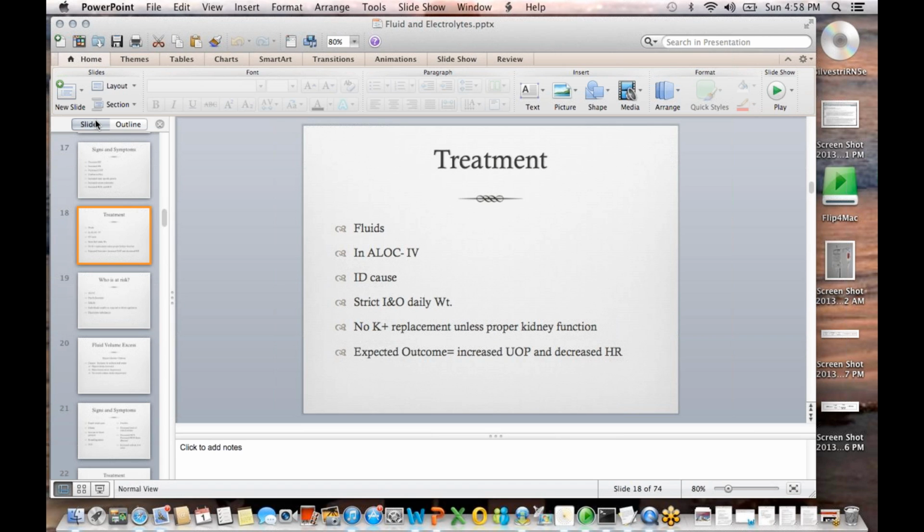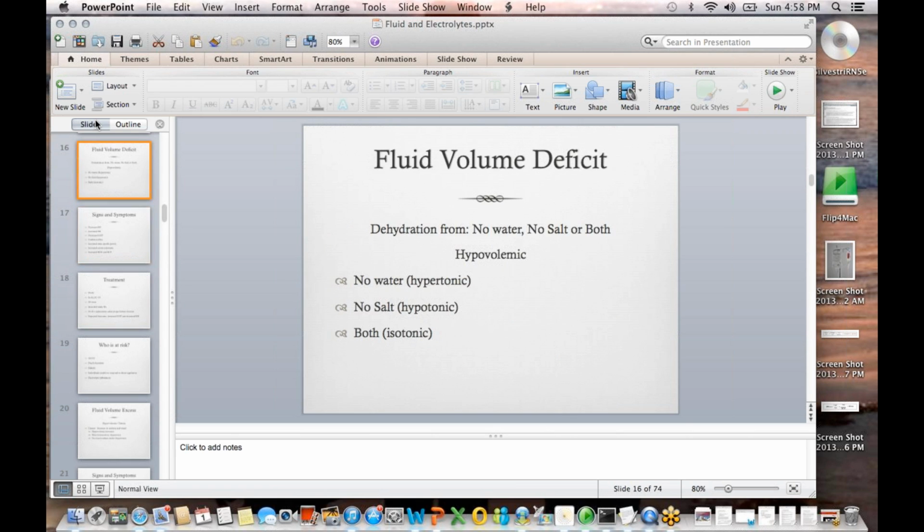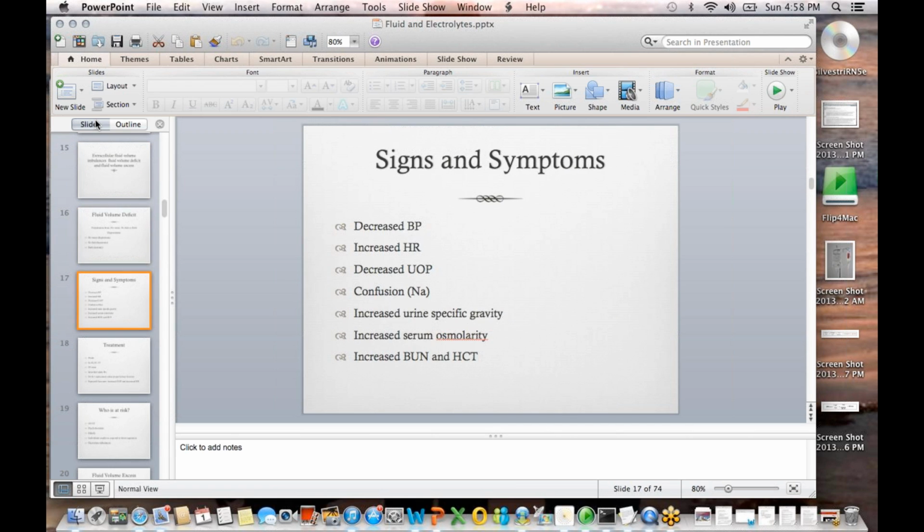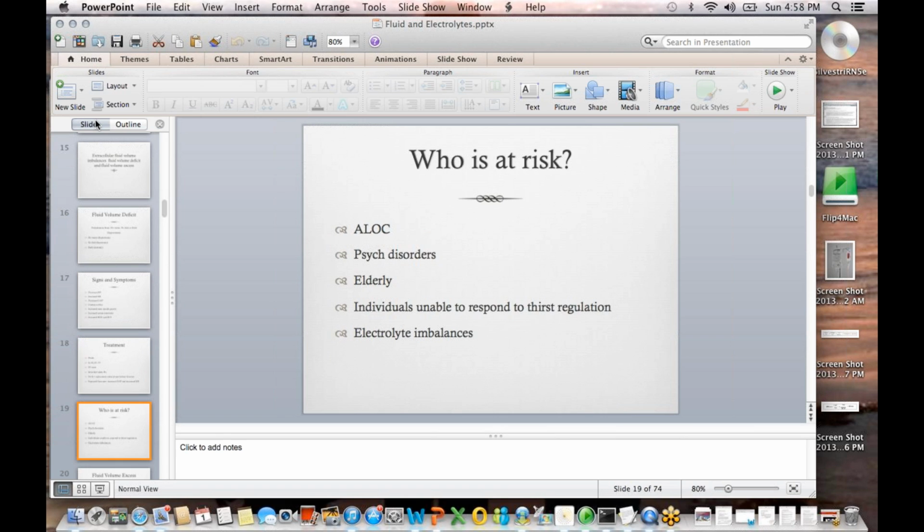You want to make sure you identify the cause, because a patient who has fluid volume deficit because they don't have enough salt is different. Actually, let me see this here. Let me go back up so I know what I'm talking about. Oh, here we go. This is what I was looking for.